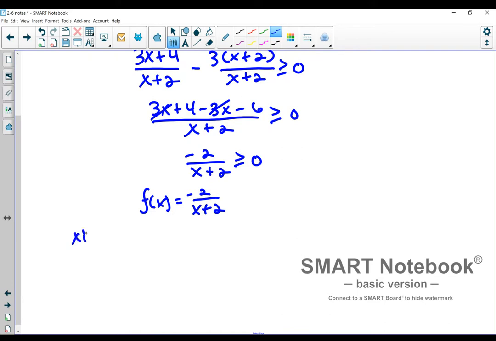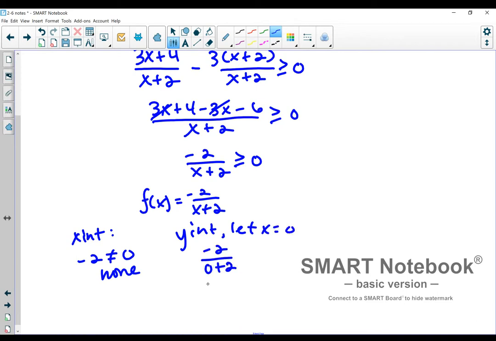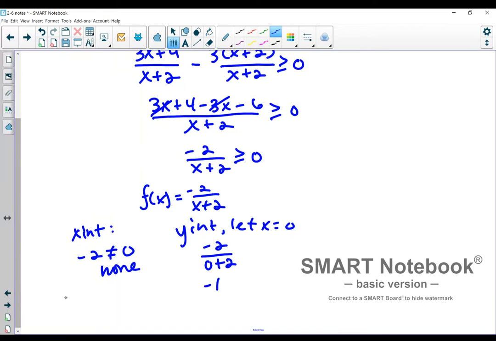So my x-intercepts come from the numerator. -2 cannot equal 0, so there are none. My y-intercept is when I let my x equal 0. So -2 over 0 plus 2 is -2 divided by 2, just -1. My x asymptote comes from my denominator.